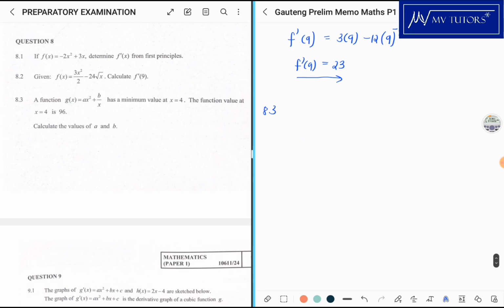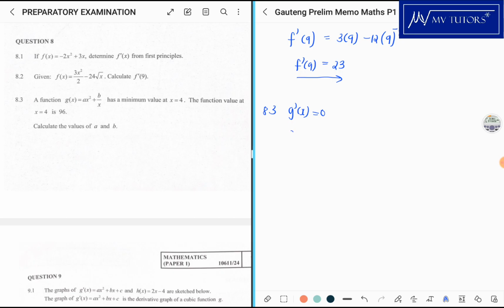So a function g of x is ax squared plus b over x and has a minimum value at x is equal to 4. Remember, our minimum and maximum values are where the first derivative is equal to 0.